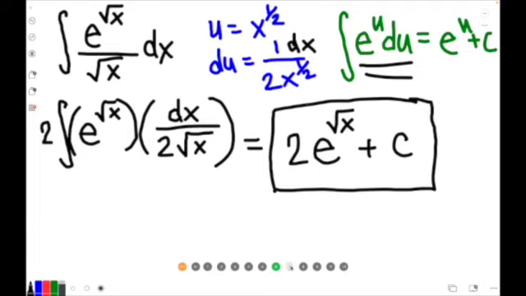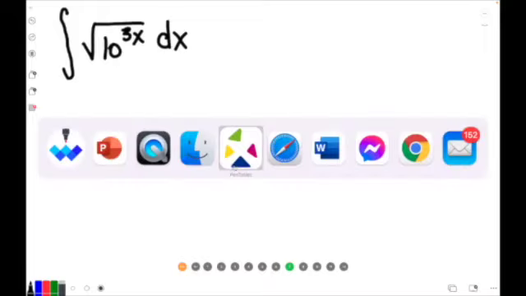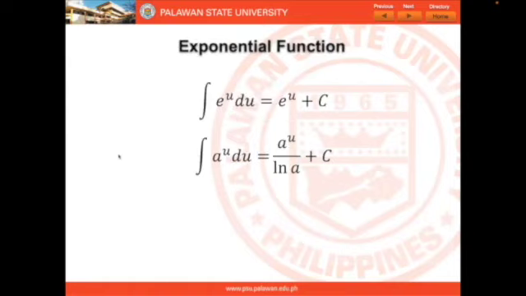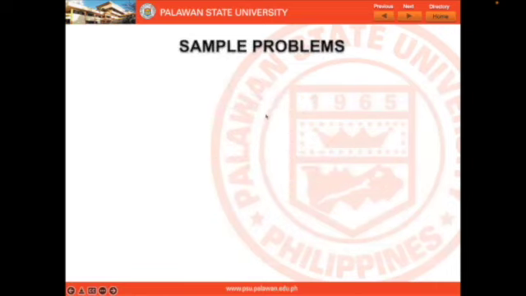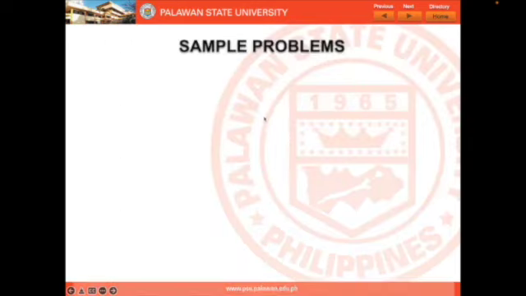And the next example, we will utilize the other equation, of course, this one, so that makes it easy to decide what kind of theorem we should apply.